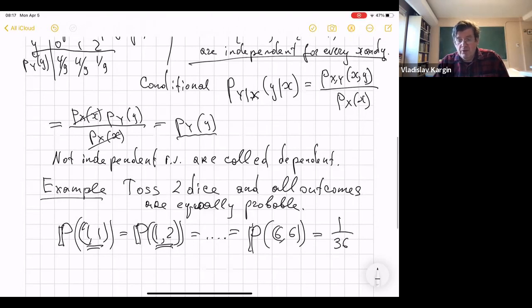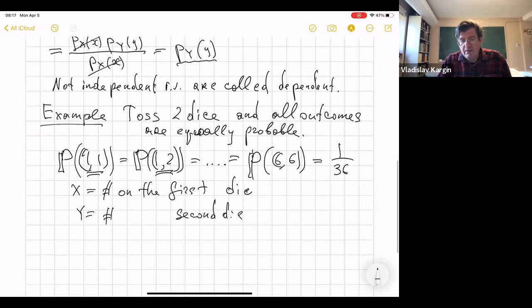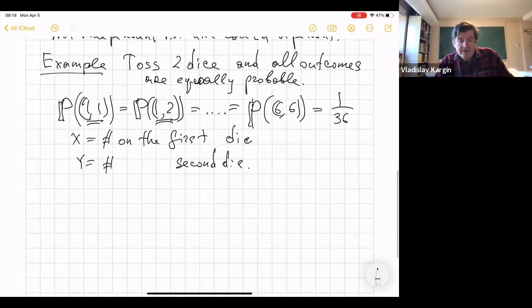Now, in this case, say x is the number on the first die, and y is the number on the second die. And we have a similar table.